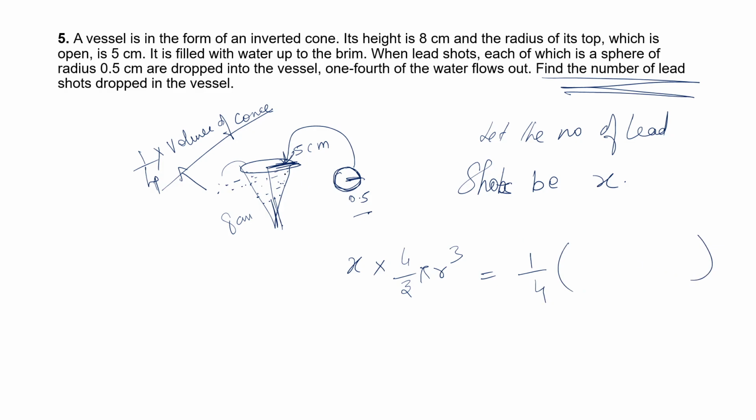Volume of the water from where? From the cone. So that is 1 by 3 pi R square h. 1 by 4th of the volume of this will flow out when you drop x lead shots. So you have to find this x. Okay, getting it?